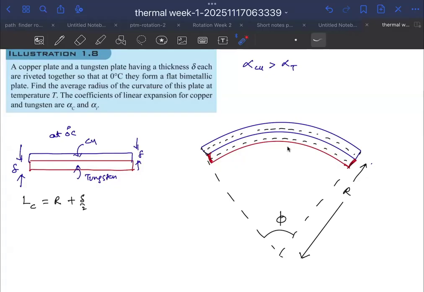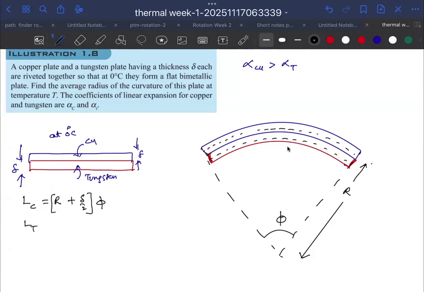R plus delta by 2. R plus delta by 2 times 5. Can you please help me?